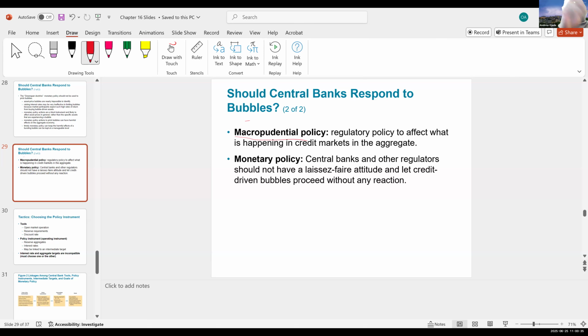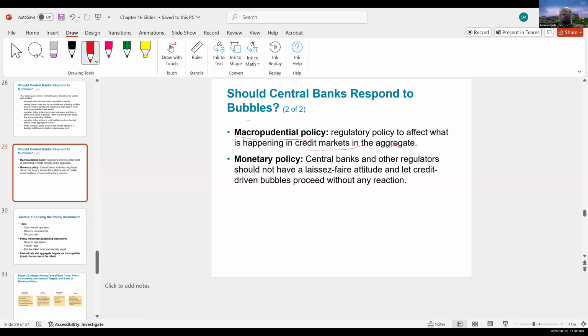But there's what we call macroprudential policy. Some economists argue that even though we may not be able to control bubbles directly, the central bank should have some macroprudential policy that they implement at the aggregate macroeconomic level that will affect all the sectors in aggregate. Regulatory policy affects what is happening in credit markets in the aggregate, so that maybe it can have an influence of taming behavior.